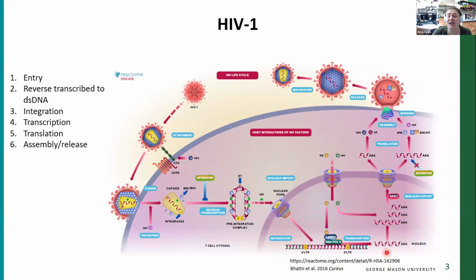Once it's in the genome, it uses the host transcription and translation machinery to produce viral RNA and protein, which are eventually assembled into new budding viruses where they mature and continue the cycle.